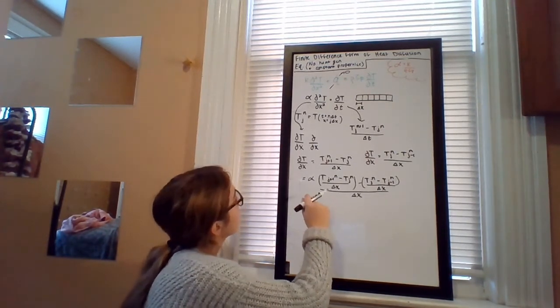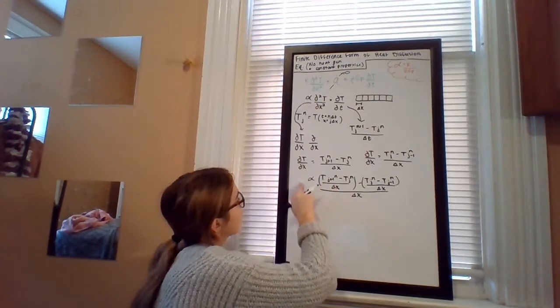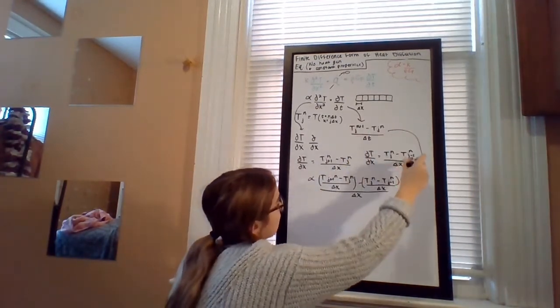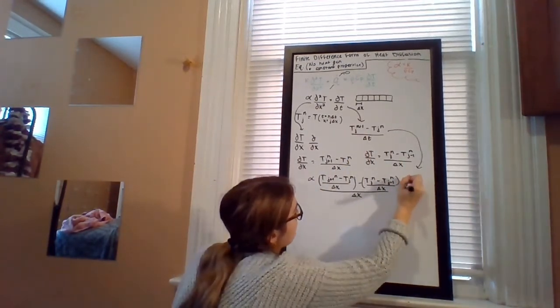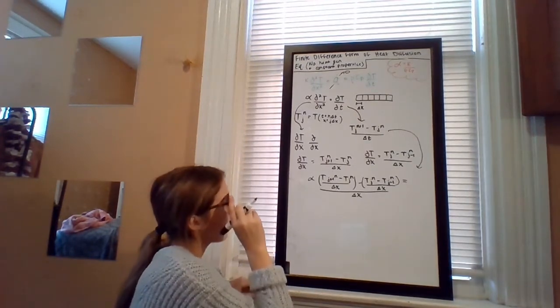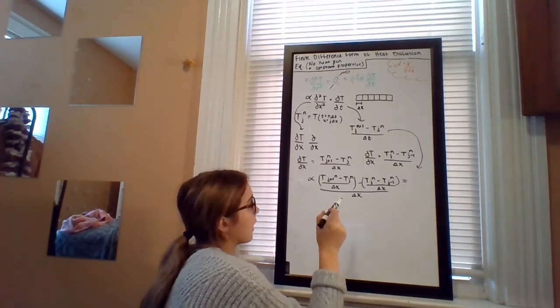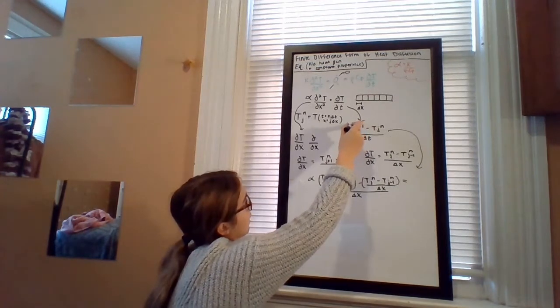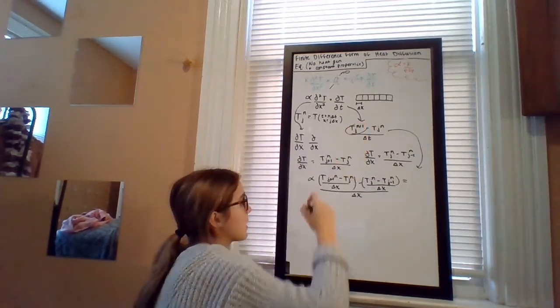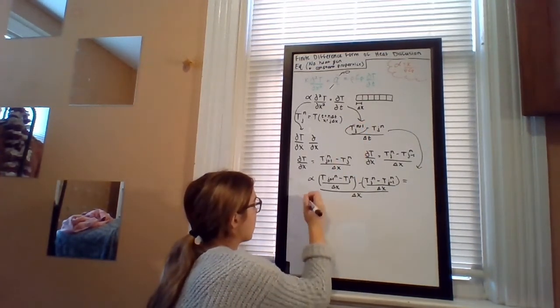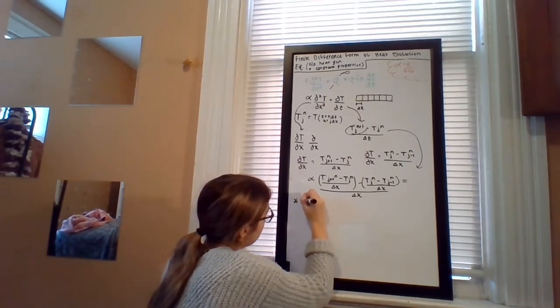From here, you can set this equal to that part of the equation that I wrote up there, bring that down, and then you want to get T_j^(n+1) by itself in order to simplify. So here I'll just simplify.